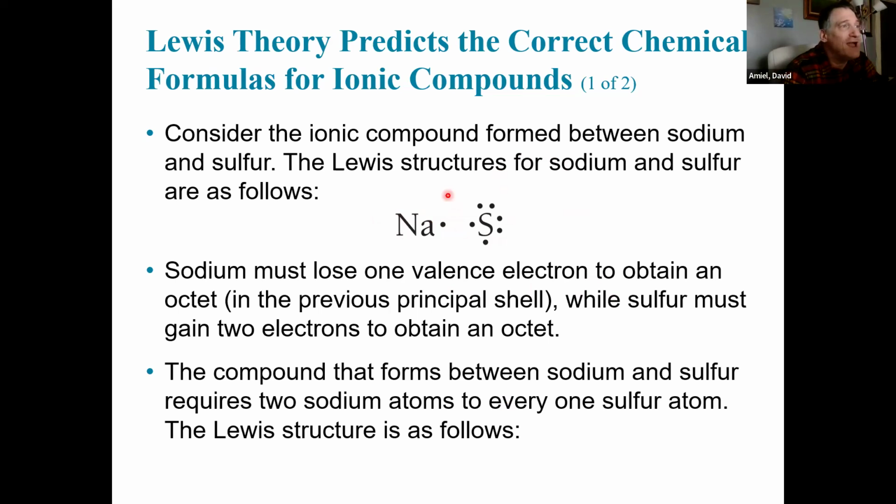Sulfur would then only have 7 electrons around it. And so we need to realize that we need to put another sodium atom. That's the key point here. Another sodium atom is needed to give sulfur an octet.